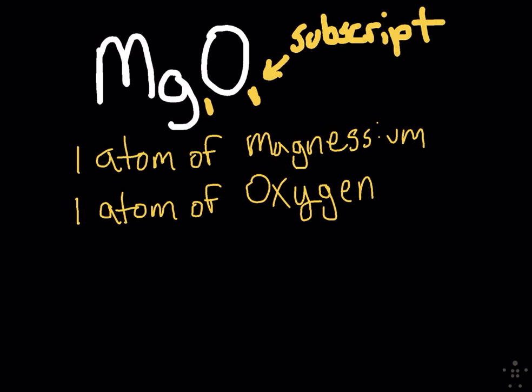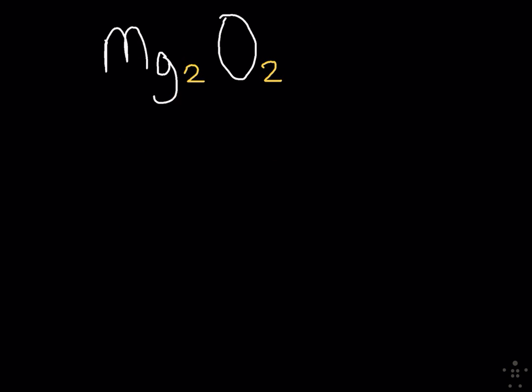We're going to move on to the next formula and see how they get a little bit different when the subscripts are a little higher than 1. Okay, so in this formula that's seen, you see magnesium has a little 2 next to it, and the O, the oxygen, has a little 2 next to it.